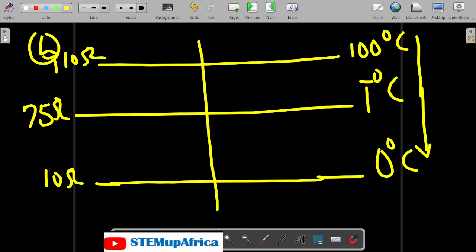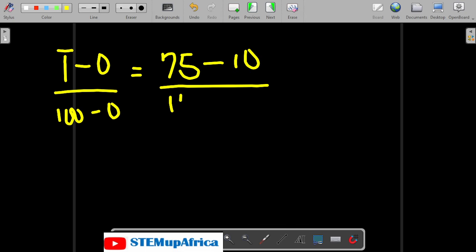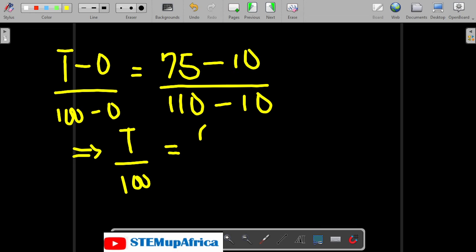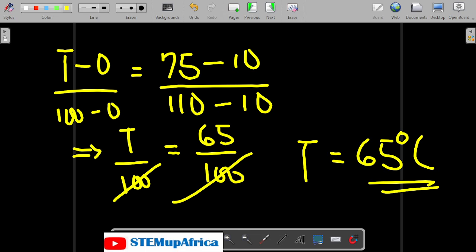So T minus 0 over 100 minus 0 is equal to 75 minus 10 over 110 minus 10. If I simplify this, T over 100 is equal to 65 over 100. We just cancel 100. The temperature there now is 65 degrees Celsius.